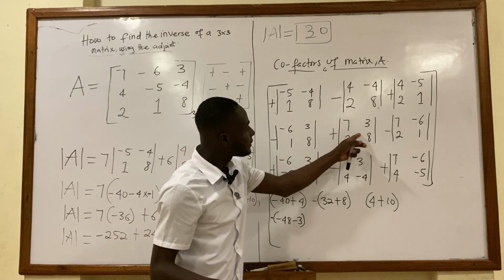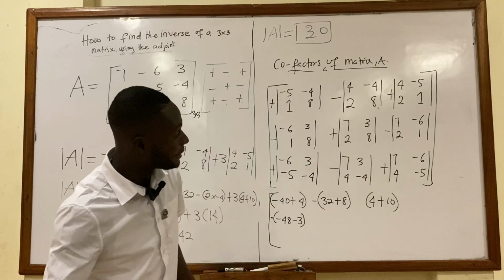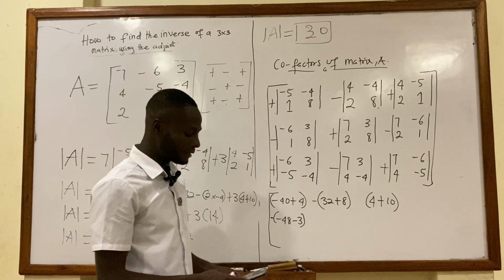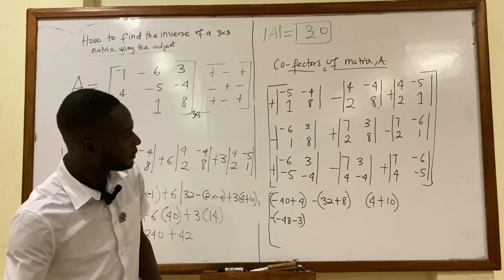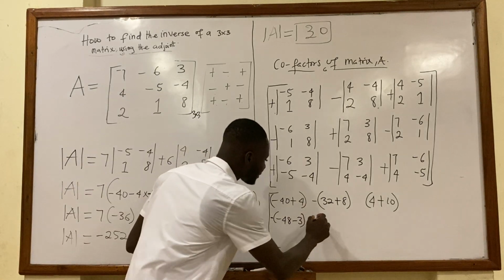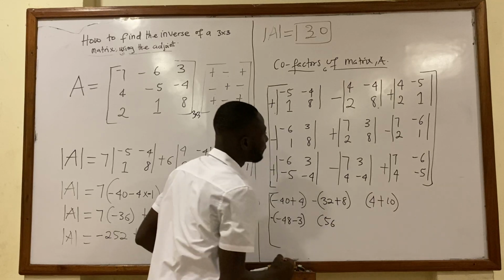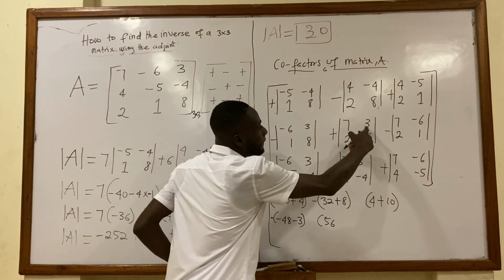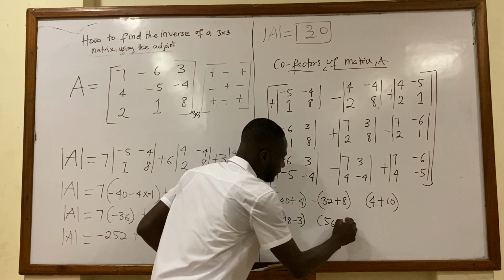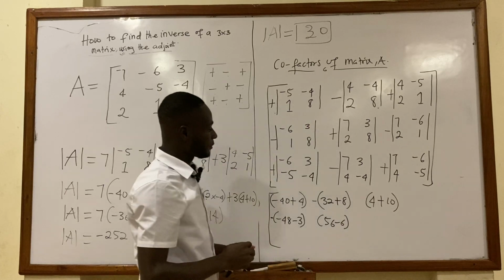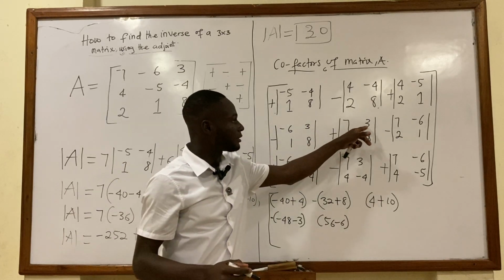Then this 7 times 8, and that is 56. So write 56 minus 6, because 2 times 3.